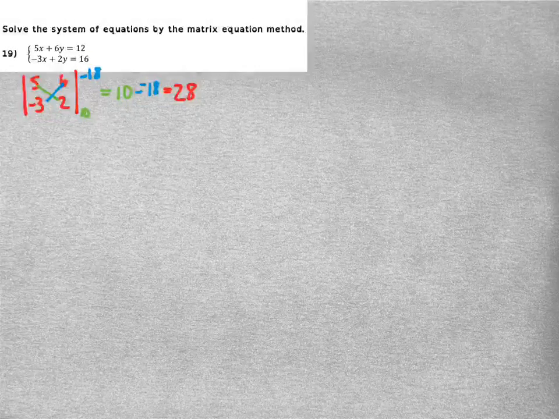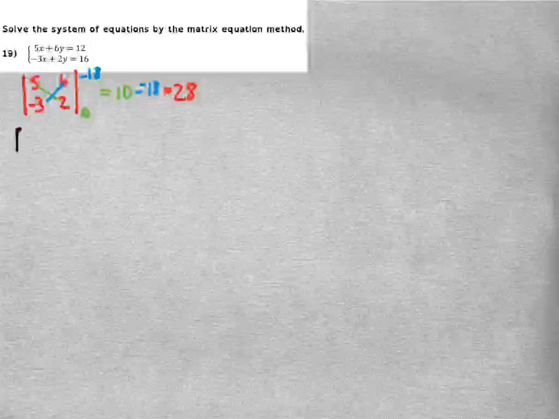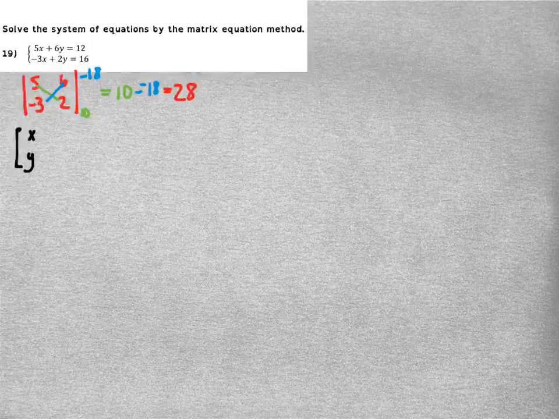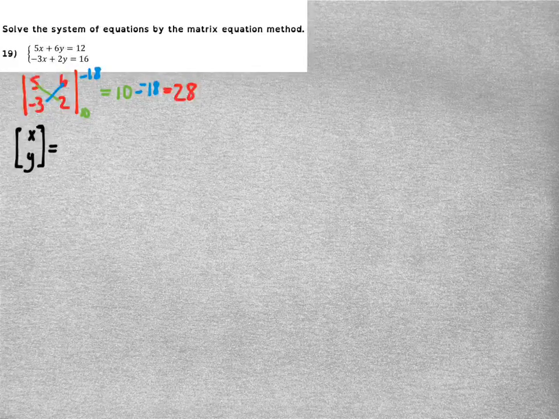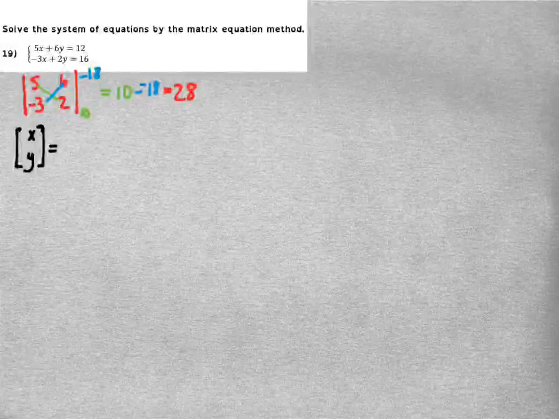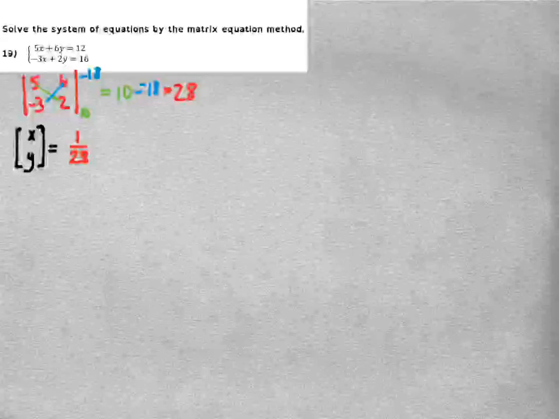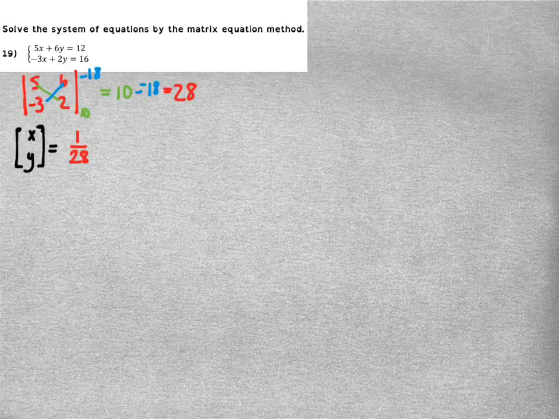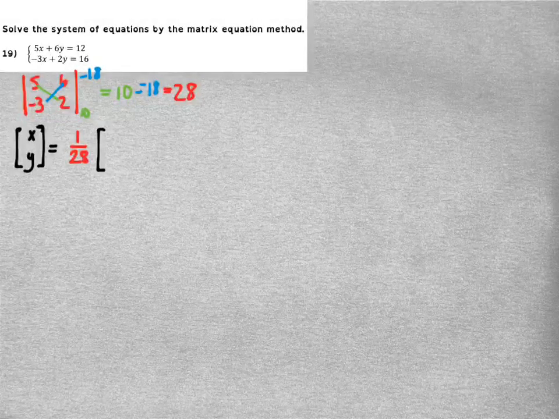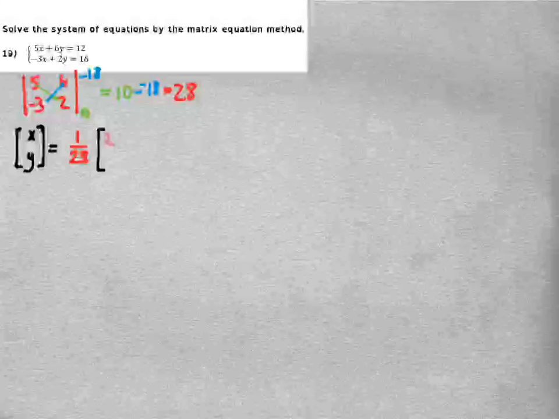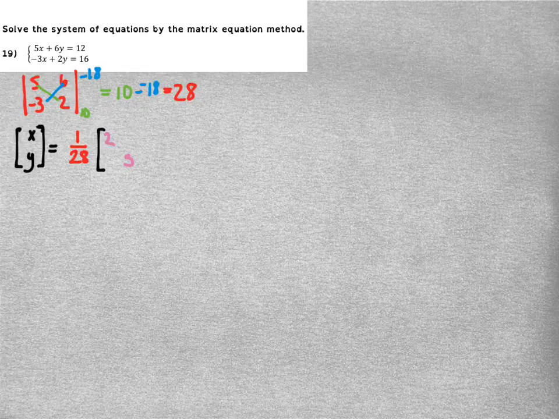So your answer of trying to find x comma y is going to equal 1 over 28, and then you're going to rearrange your matrix to where your downs switch location, so 2 and 5, and your ups switch the signs, so that's going to be a positive 3 and a negative 6.